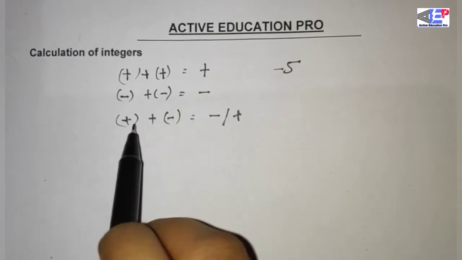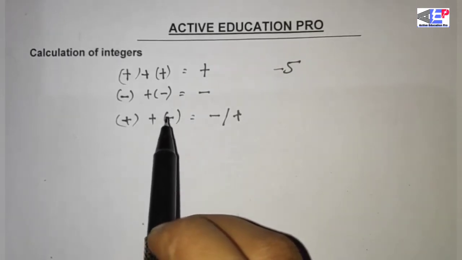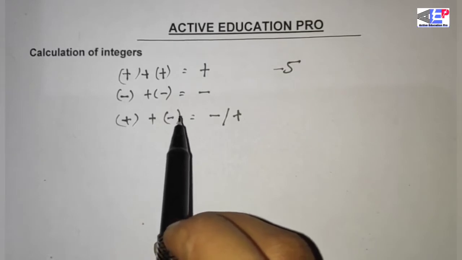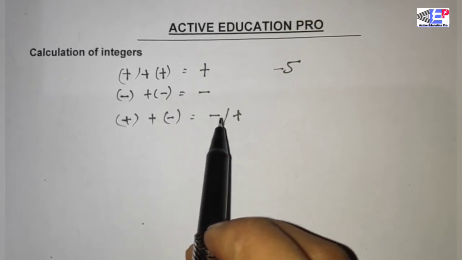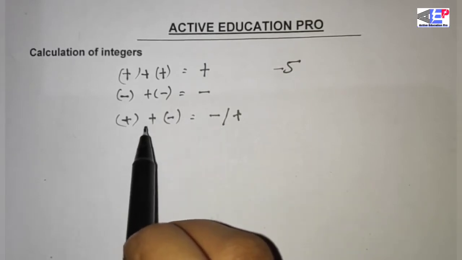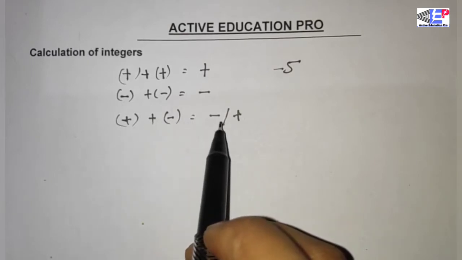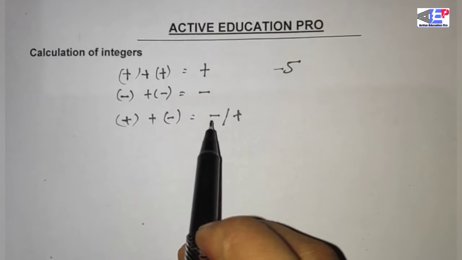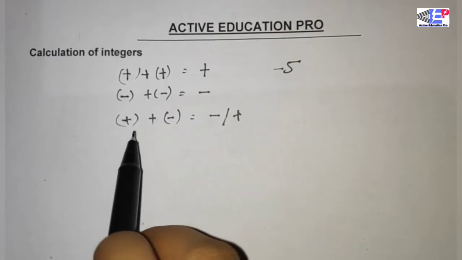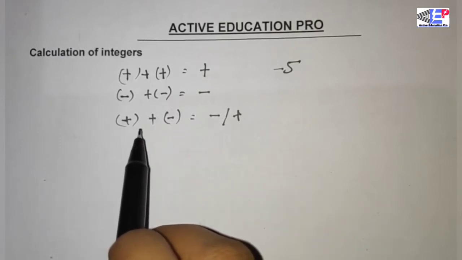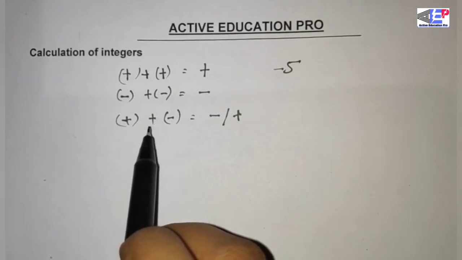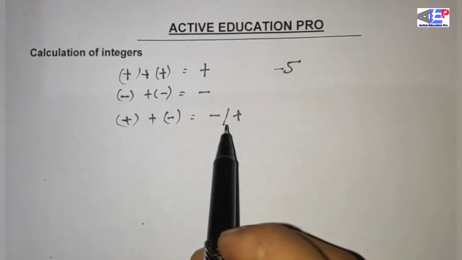If a negative integer has a larger numerical value than the other integer, then the answer is a negative integer. Otherwise, if a positive integer has the highest numerical value, then the answer is a positive integer.